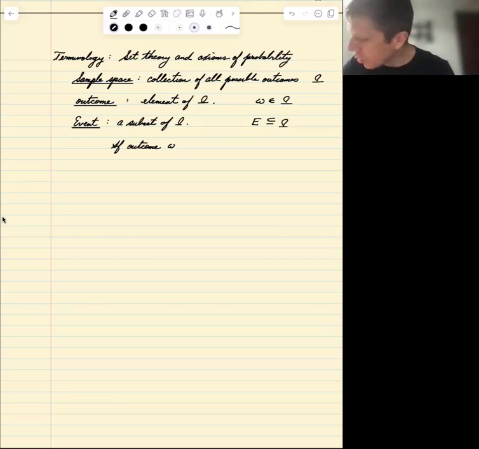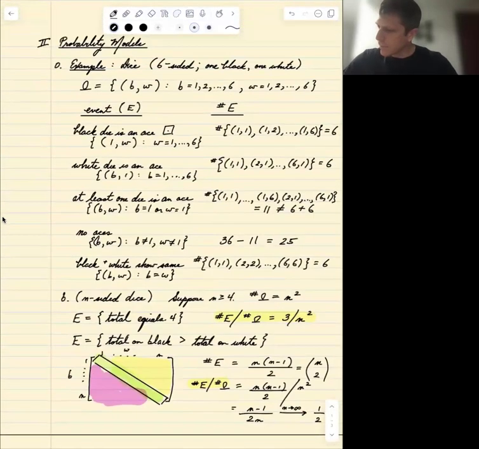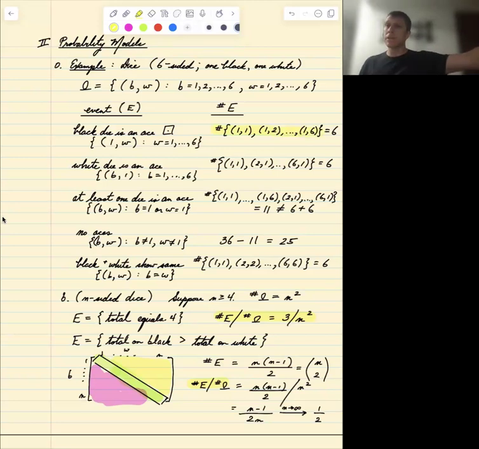If the outcome omega is in E, then E occurs. What do I mean by that? In this case here, this is an event, but we're going to roll the dice, and we're only going to see at most one of those possible outcomes.